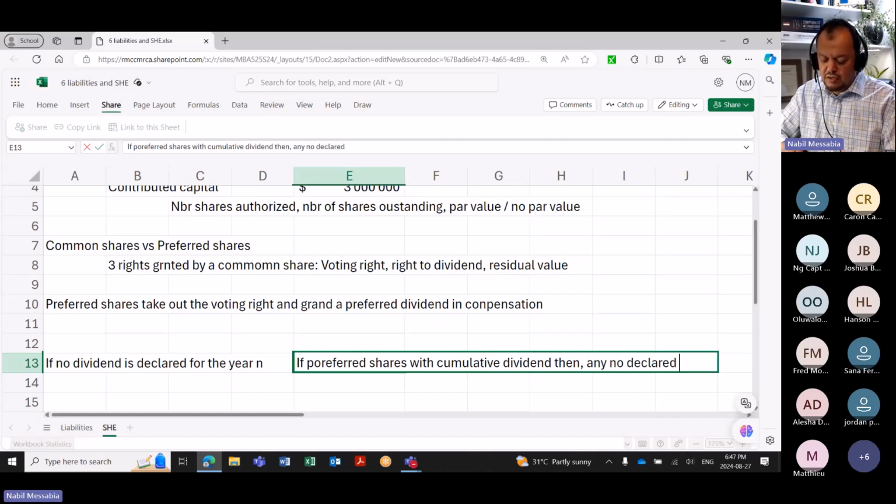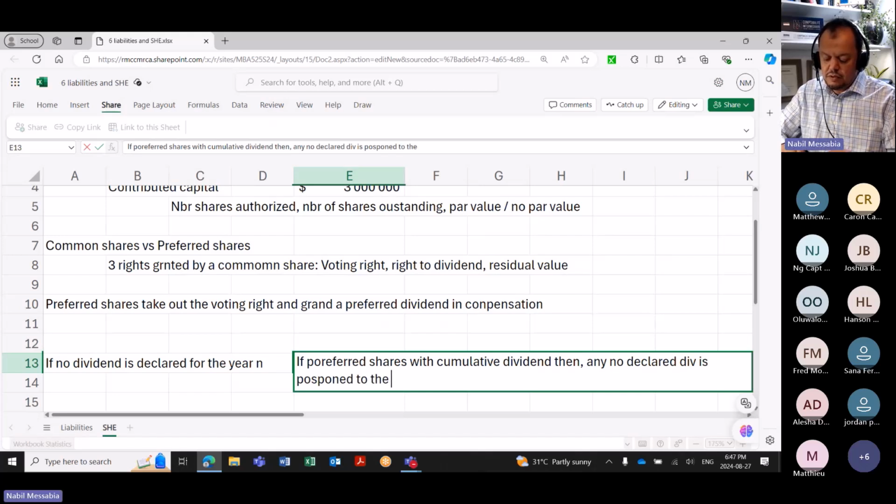Any non-declared dividend is postponed to the next declaration day, and the postponed dividends we call the arrears. So if you have 2 years of arrears, it means there are 2 years of cumulative dividend that were not declared, and that you will have to pay as soon as the next dividend declaration happens.